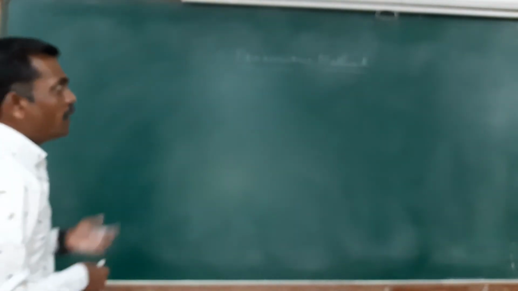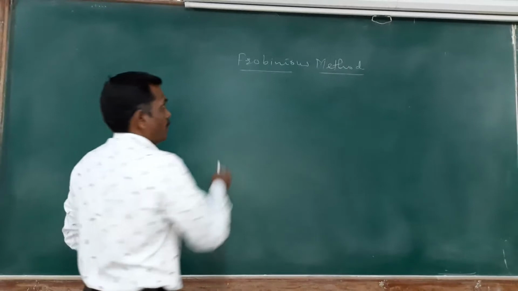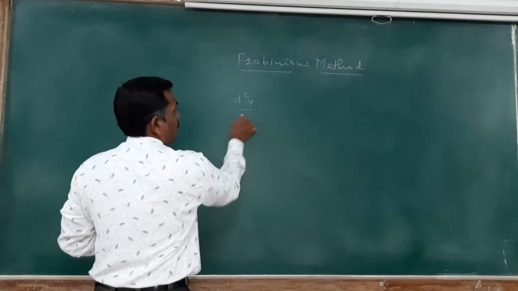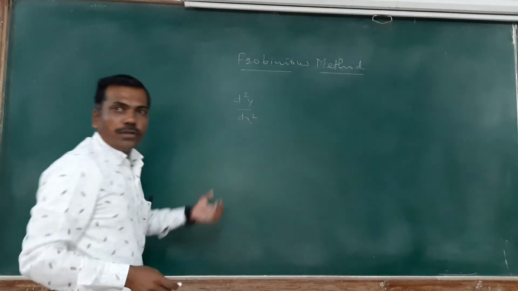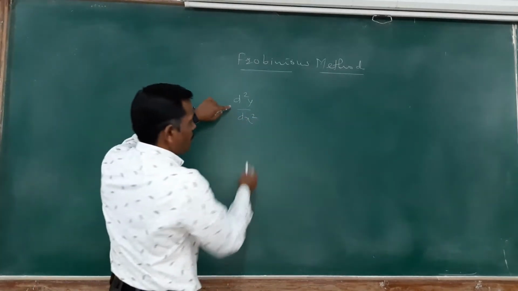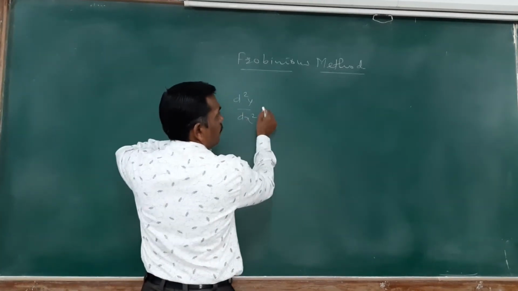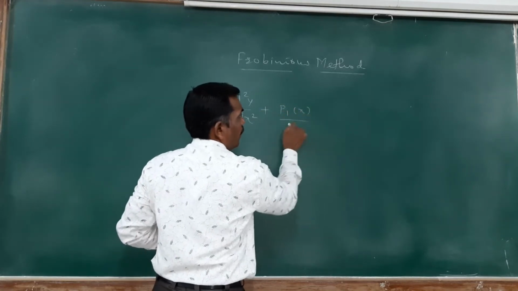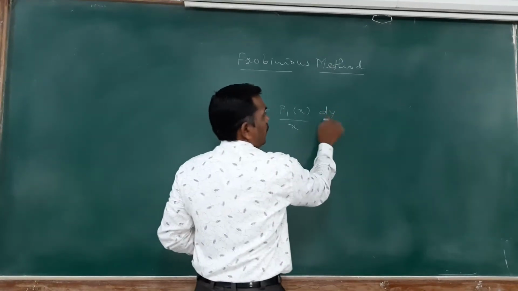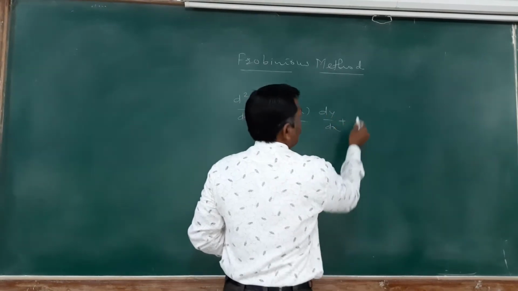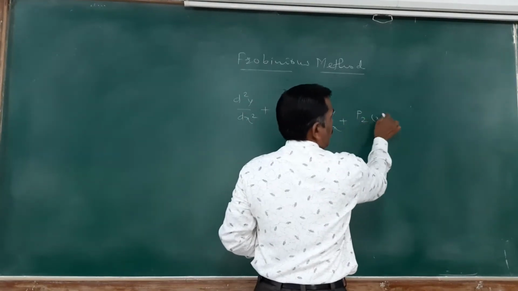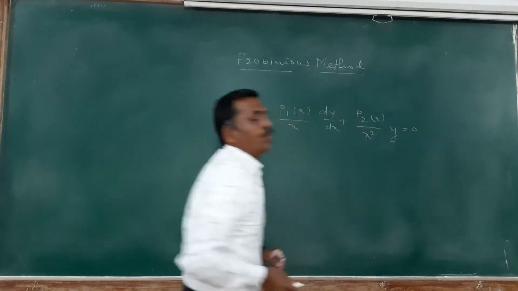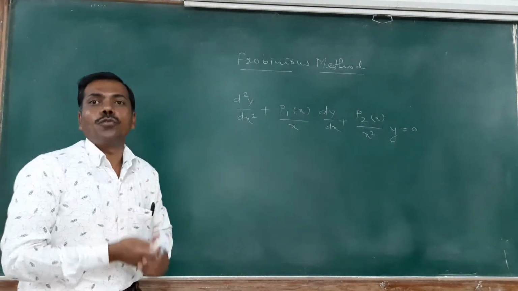It states that any differential equation of the form d square y by dx square plus p1 of x upon x dy by dx plus p2 of x upon x square y equal to 0 has a series solution.